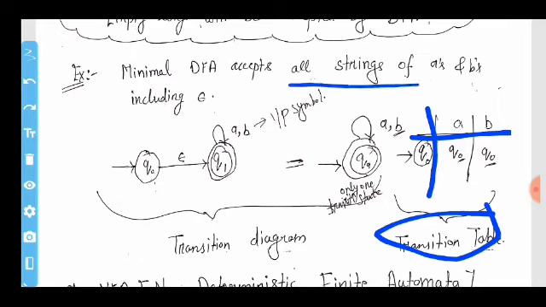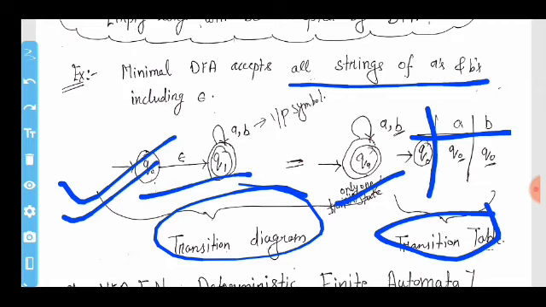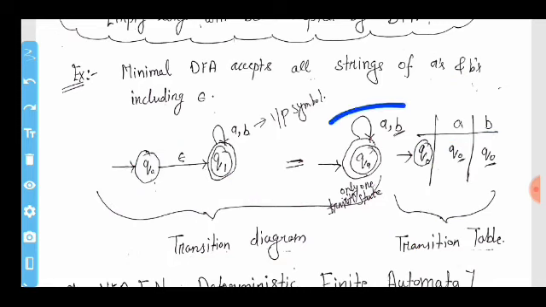So as per the given example, there are two types of transition diagram. One is this and another is this. This is your shortest form on this side. After the elimination of null transition, it becomes like this.